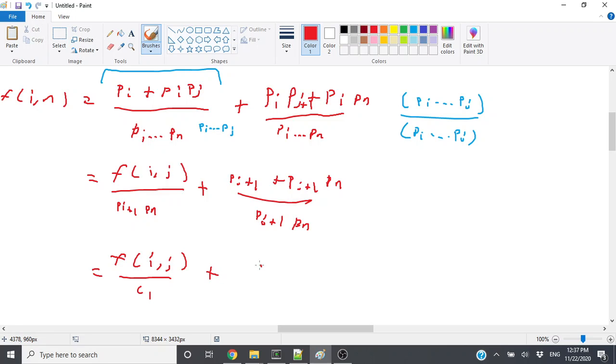plus f of j plus 1 comma n. It should be f of jn, shouldn't it? Oh, that's sort of inclusive of the last one.